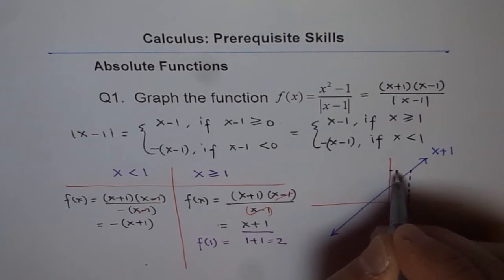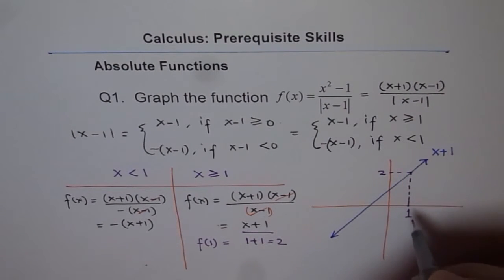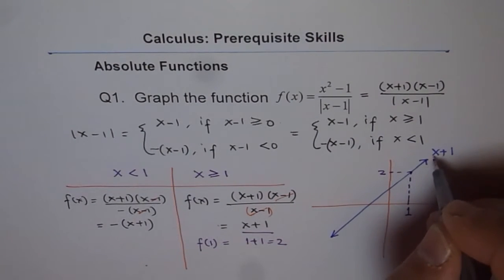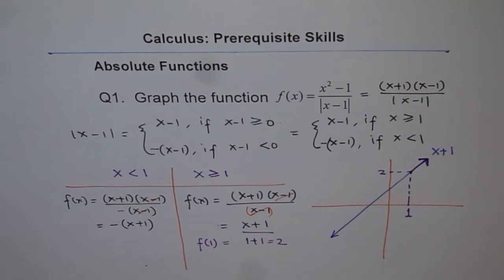So at this point, the value is 2, correct? Now, if x is greater than 1, then it is the same as this line. You see that? It is exactly the same, and that is okay.